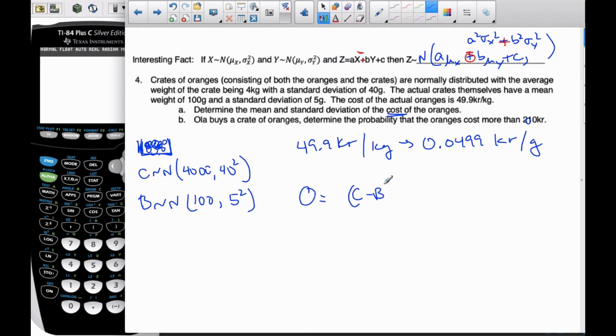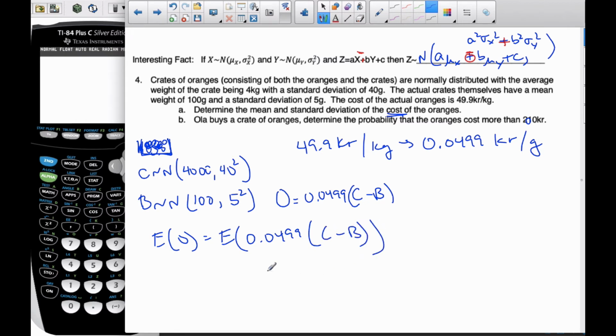And if I take that weight in grams and multiply it by 0.0499, this will be the cost of the oranges. And so my expected value for oranges is going to be the expected value of 0.0499 times C minus B.